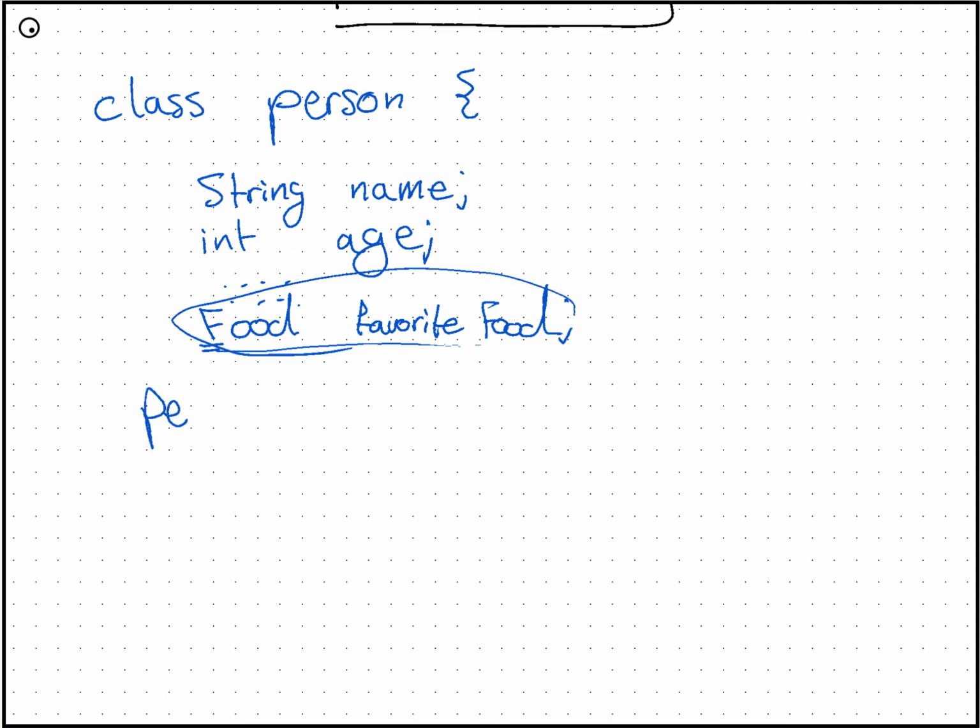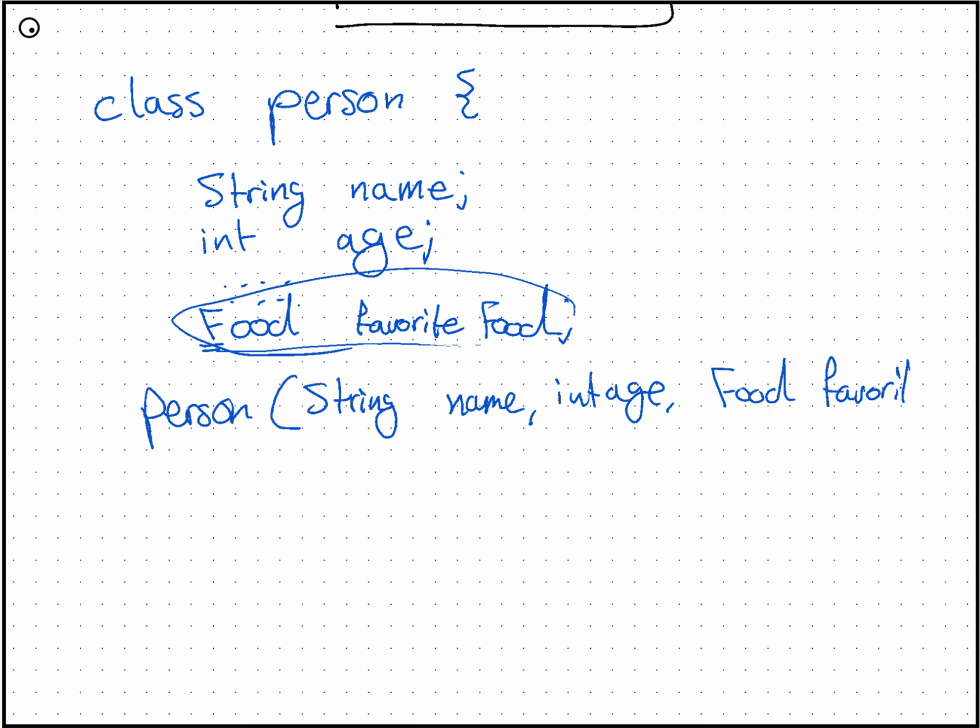So essentially, we can now have person takes in a string name, int age, food favorite food, and height and weight.